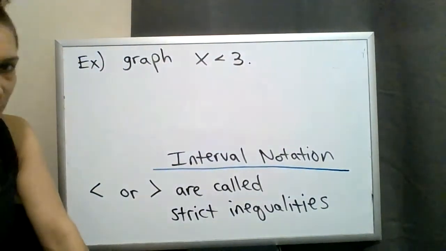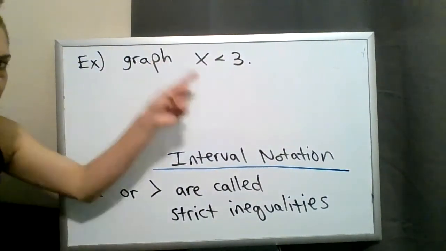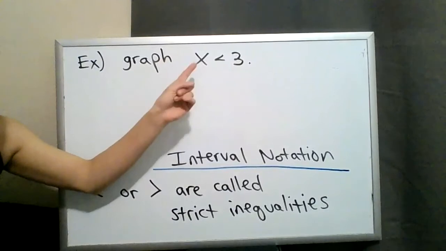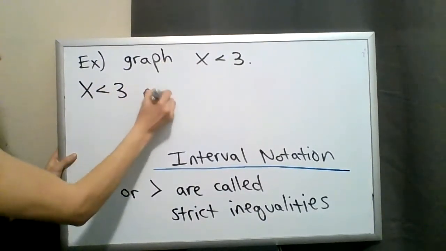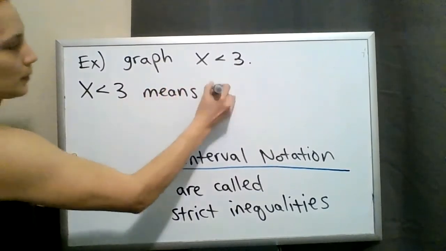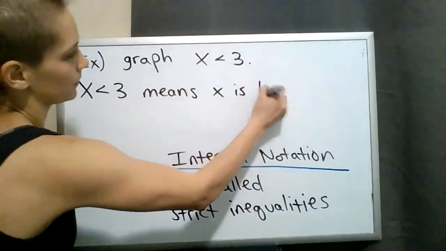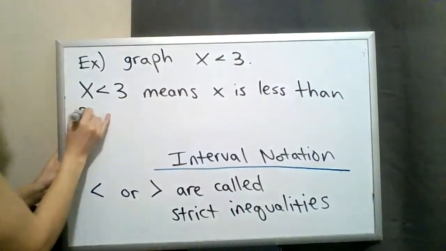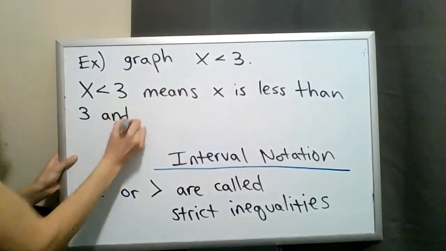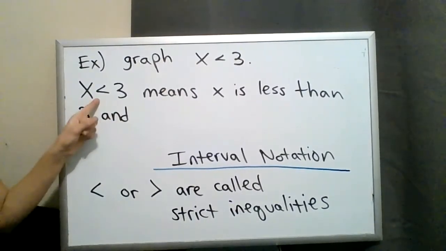So that's the goal. But first I'm going to write down what this says. So this says X is less than 3. And there's no equal sign, so it cannot equal 3.